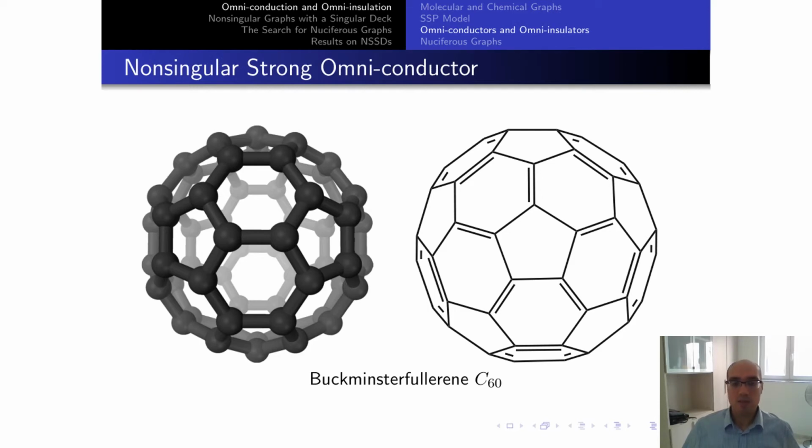So in the case of this molecule, it means that if you attach two wires to any two vertices, then you get conduction whether those vertices were different or whether they are the same. You still get conduction.